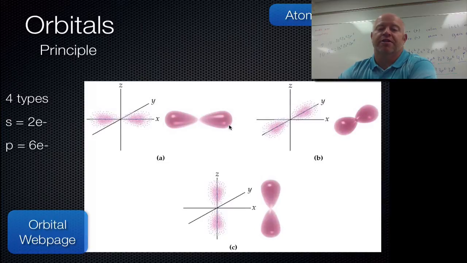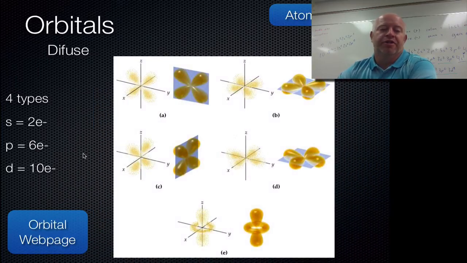So again, the complexity of this gets much higher than what we saw in the planetary model, where we just had nice rings and orbits. The third shape is a D shape, which stands for diffuse. The D shape even gets more complex, where now we're dealing with 4 lobes coming off in the X, Y, Z planes, and then a different orientation within that, and finally this kind of weird one down here, which we call DZ squared, which is basically 2 lobes with a kind of donut around it.